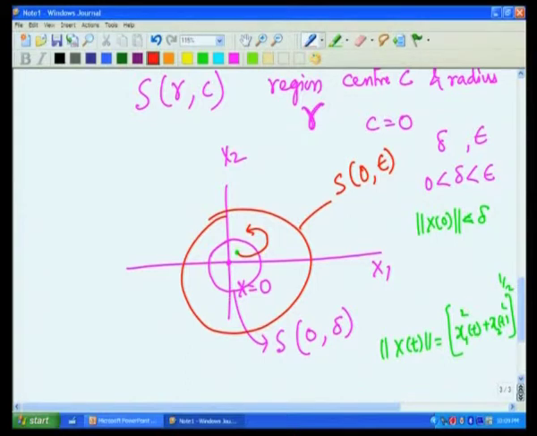The formal definition of stable says that for some region in the neighborhood of x equal to 0, if my initial starting point lies in this small neighborhood, then the dynamics requires that the solutions for all times t greater than 0 remain within this neighborhood of epsilon, then I say that this point is stable.